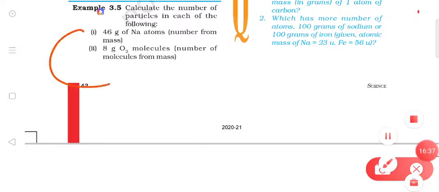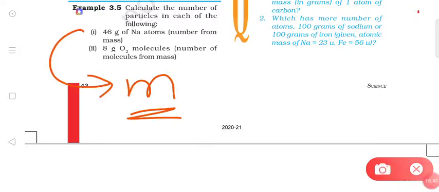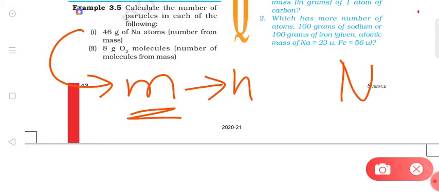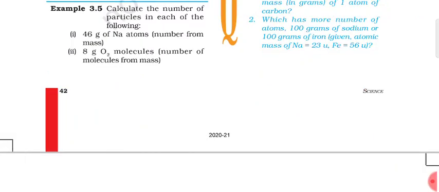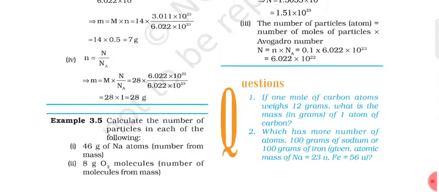We have been given the total mass. We need to calculate the number of particles, and how will we convert it? We will convert first of all mass into number of moles, and then number of moles into number of particles. So how will we do this? Look at the solution.